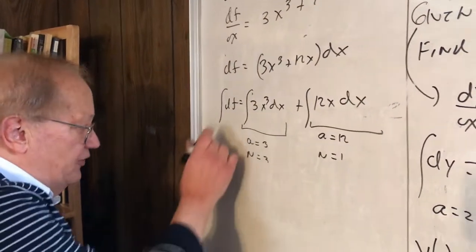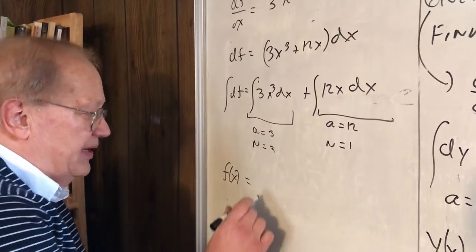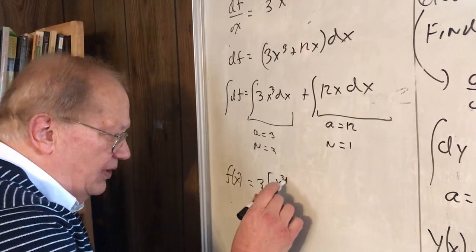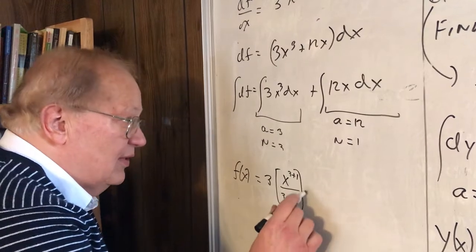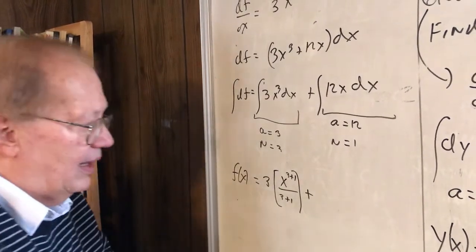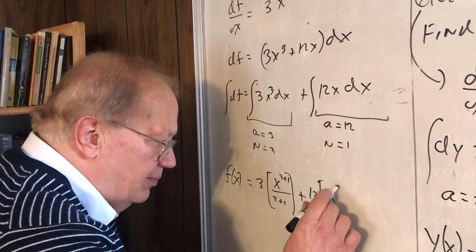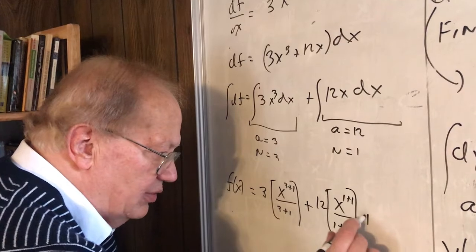So this will become f of x equals 3 times x to the 3 plus 1 over 3 plus 1, plus 12 times x to the 1 plus 1 over 1 plus 1, plus c.